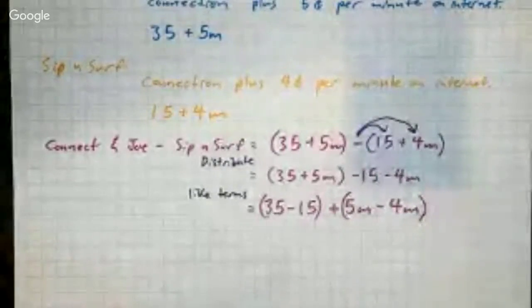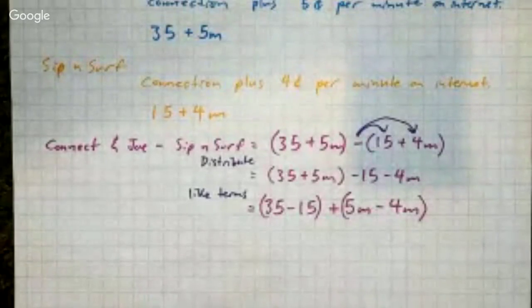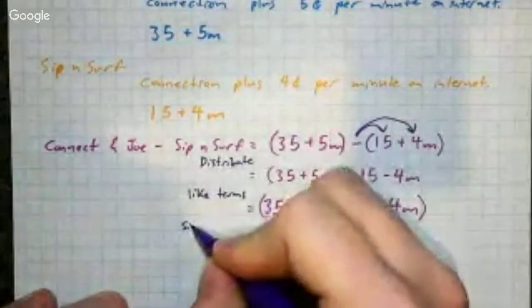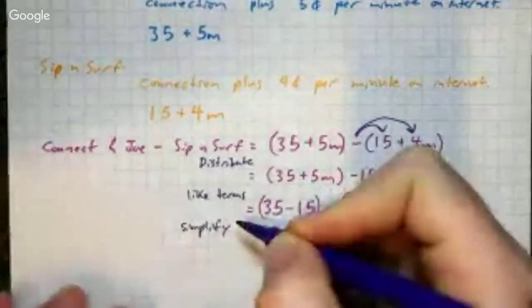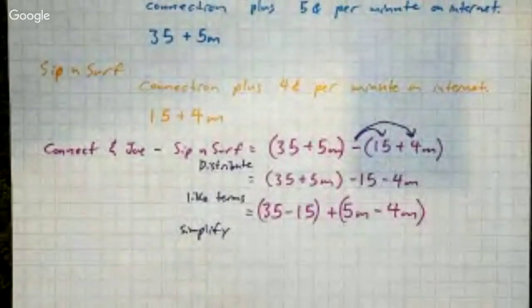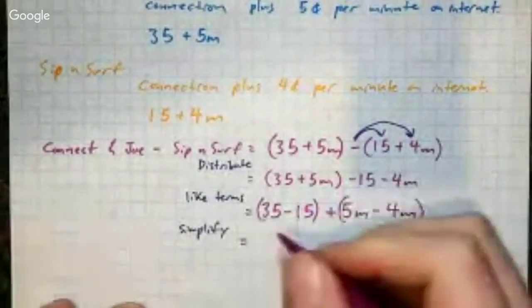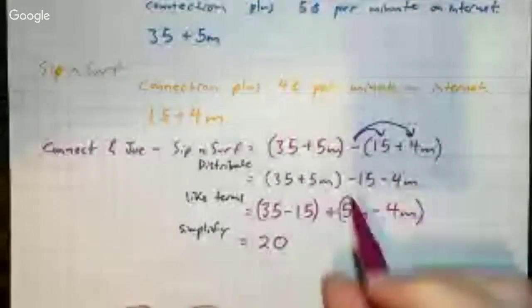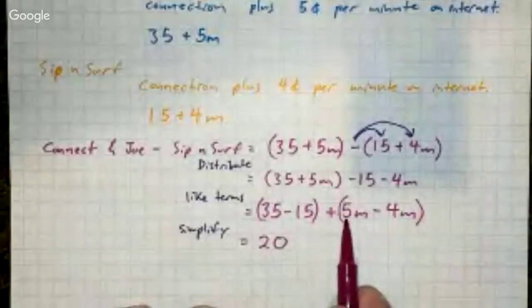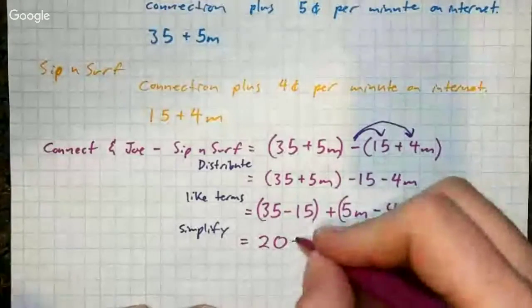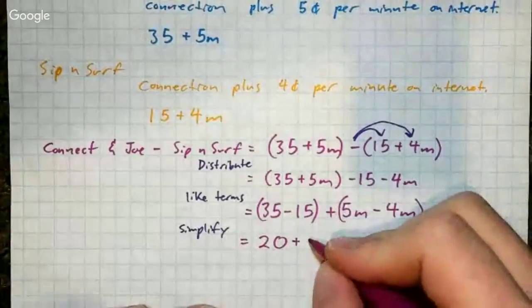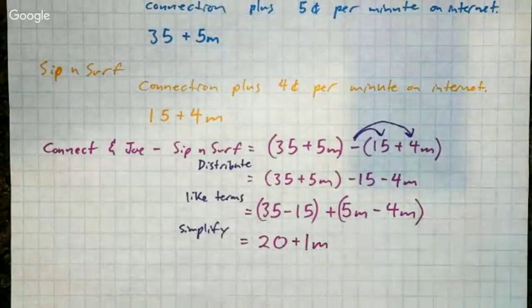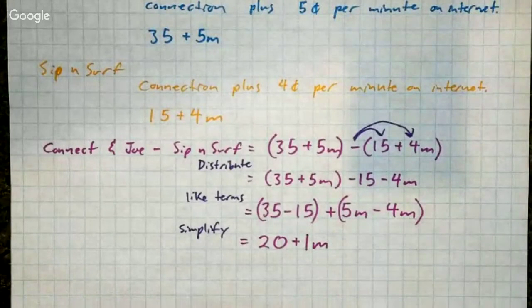And finally, we simplify. Meaning we do 35 minus 15, which gives us 20, and 5M minus 4M is going to be 1M. So 20 plus M.